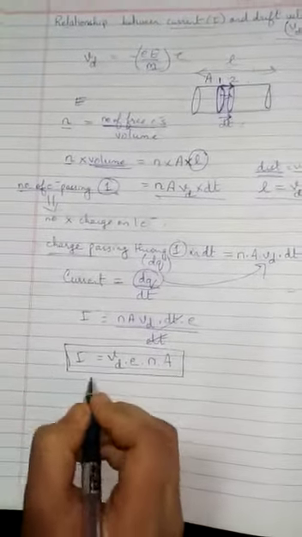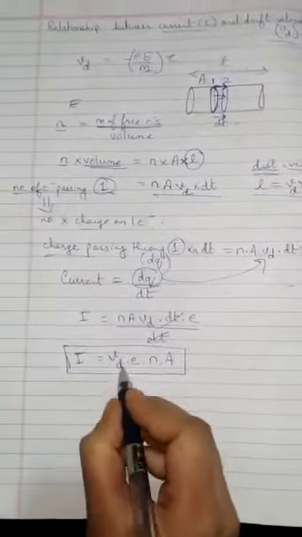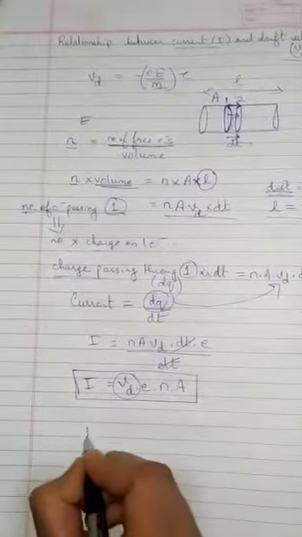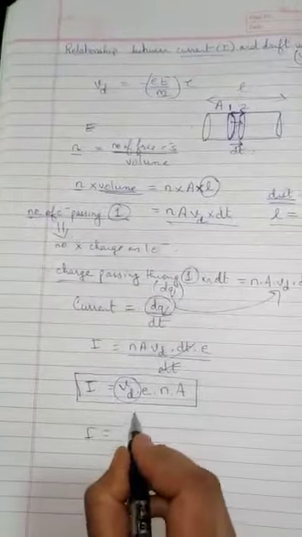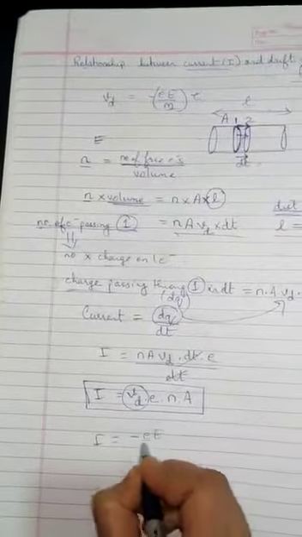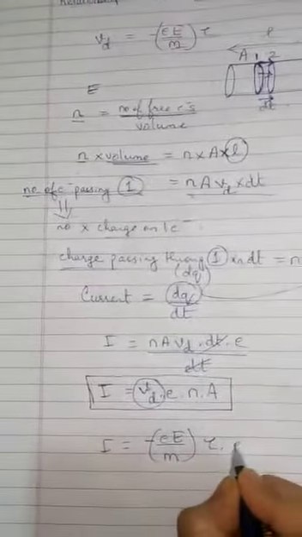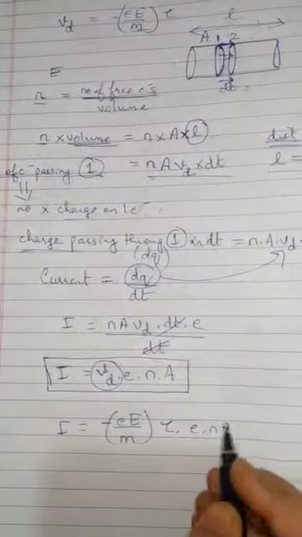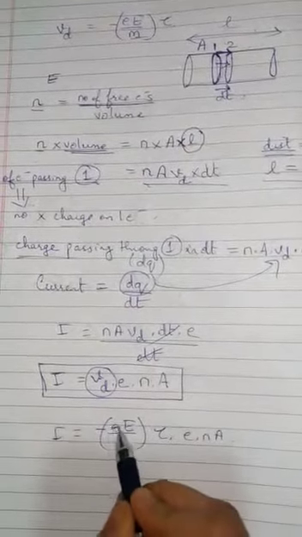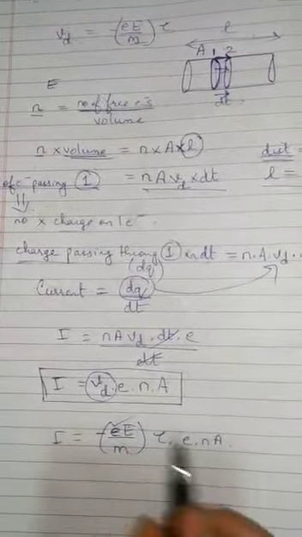Now, what will be the effect of temperature on current? Let's replace the value of Vd here. I is equal to, Vd was from the previous expression that we had derived in the last class, Ee by m into tau, into e into N A. You can see this e, that is charge on an electron, is a constant.